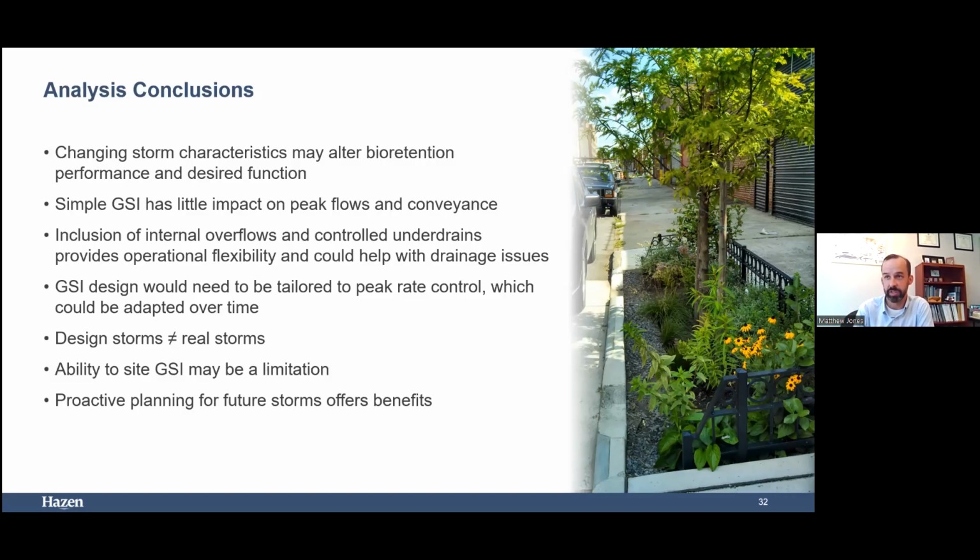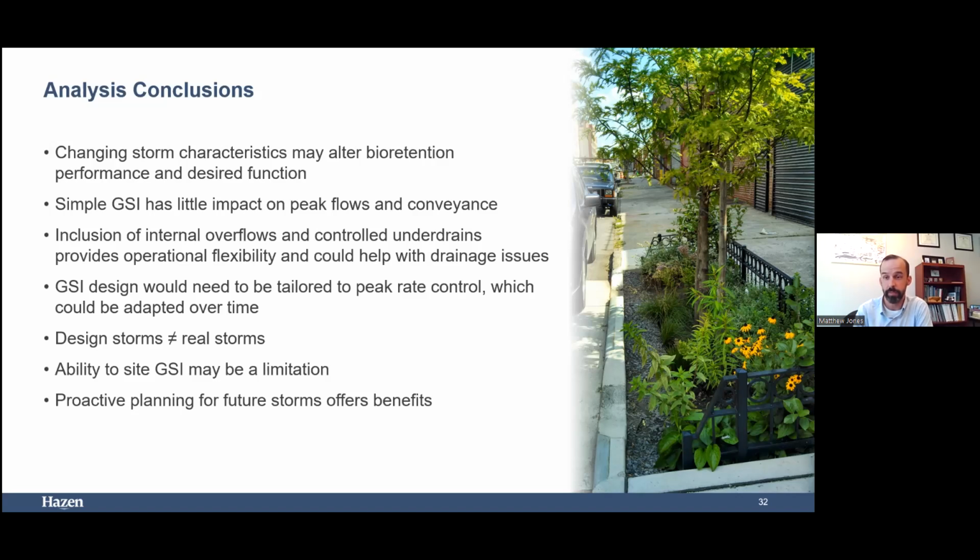Changing storm characteristics may alter bioretention performance and desired function. That's something I didn't touch on a lot, but one of the things that may occur, with an increase in frequency of storm events, or an increase in those high intensity storm events, which is a relatively common projection, certainly throughout the Chesapeake Bay watershed and beyond, is that there are likely to be some long-term performance implications.